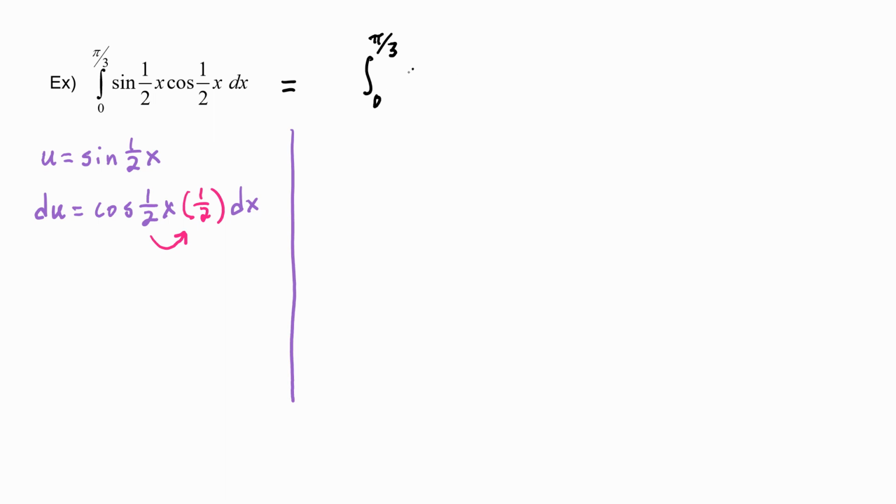We've got sine of 1/2 x, and we've got cosine of 1/2 x. And I'm going to leave a little space before the dx because when we worked out du, we see we're going to need that 1/2 in there. So if we put the 1/2 right here, we will have to counteract it with a 2 out front.